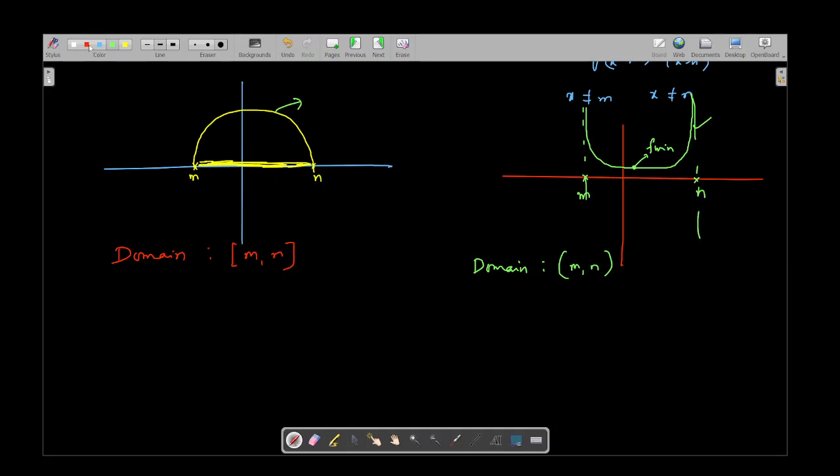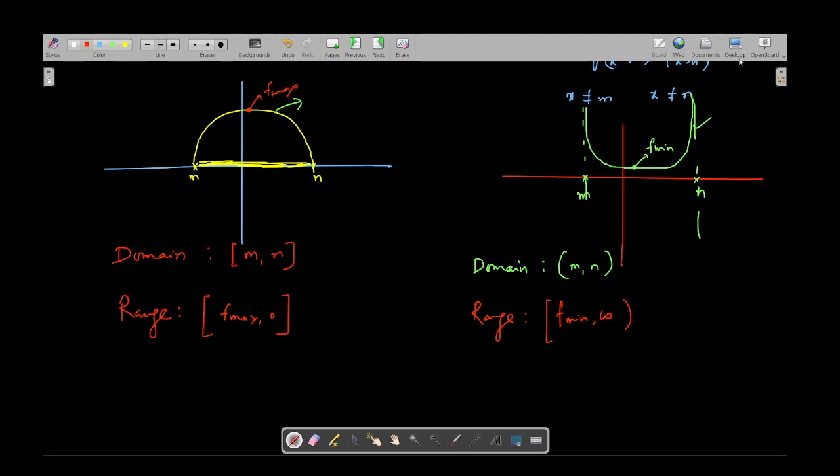What is the range over here? You'll get some maximum point here, f max. So f max to 0, whereas the range here takes f minimum and goes up to infinity.